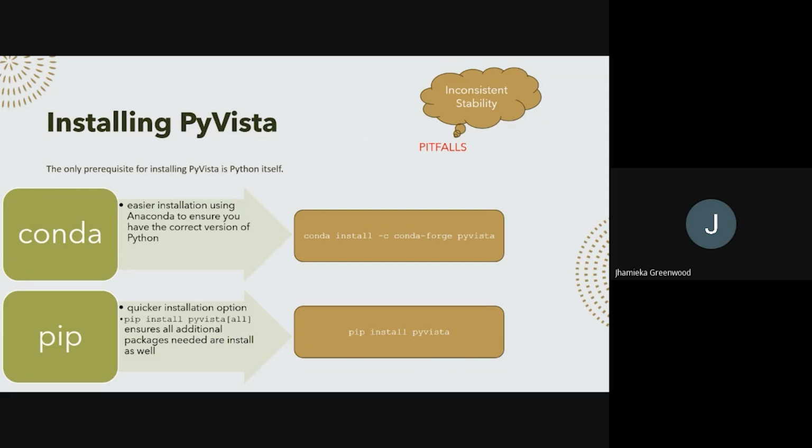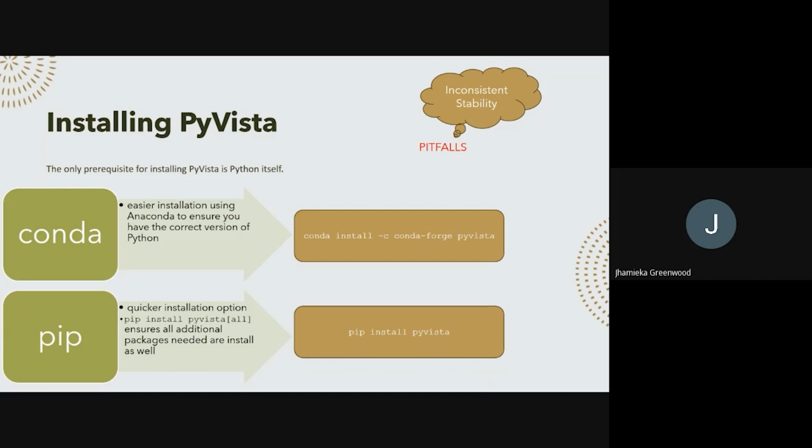I went through two pathways you can install PyVista: Conda, which is the easier way, using Anaconda, to make sure you have the correct versions of everything for Python, any dependencies, and any other packages you would need, and then a quicker pathway, using pip install.